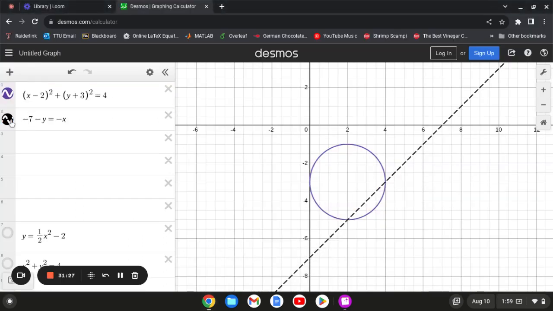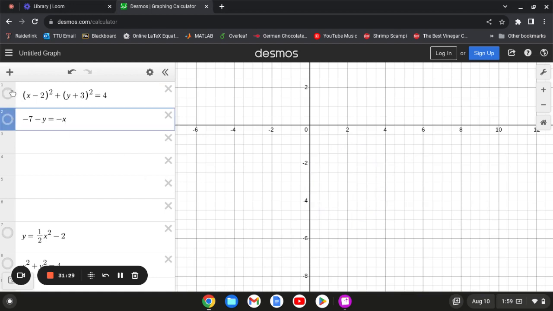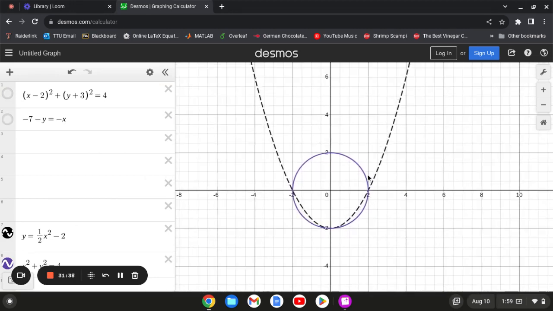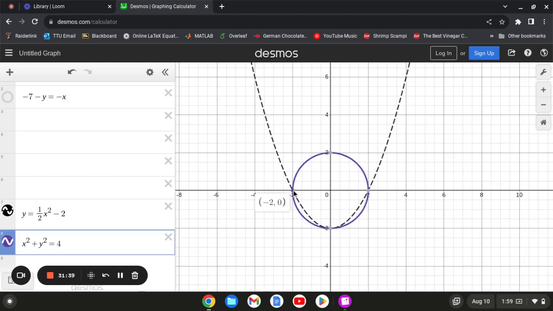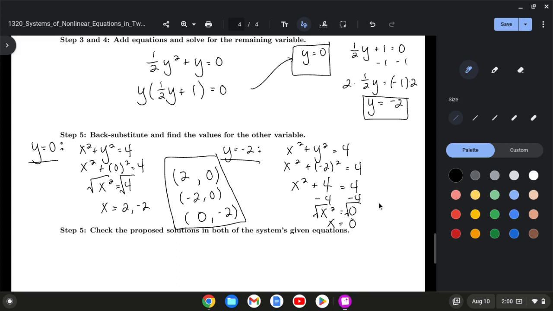So here I'll have my parabola as the black dotted line, and then there's our circle equation in purple. And if we highlight over here, we have negative 2, 0 as a point of intersection, 0, negative 2, as well as 2, 0. So therefore, we have the correct solutions. They all satisfy our system.